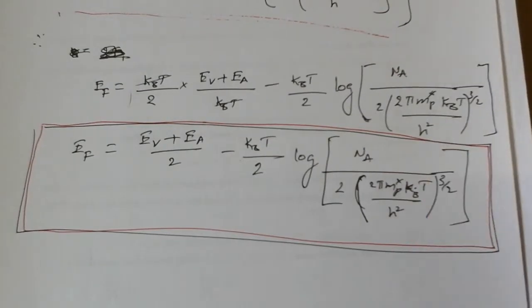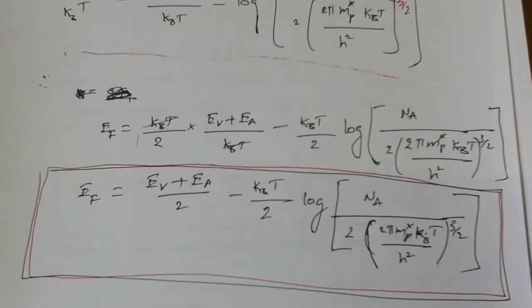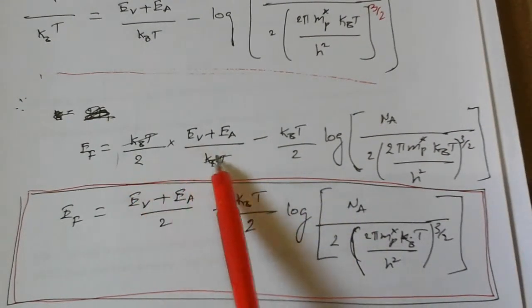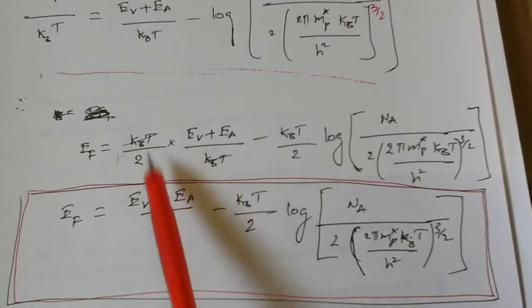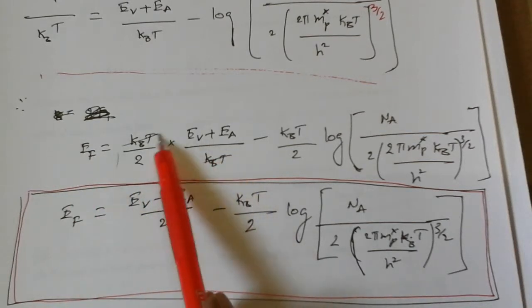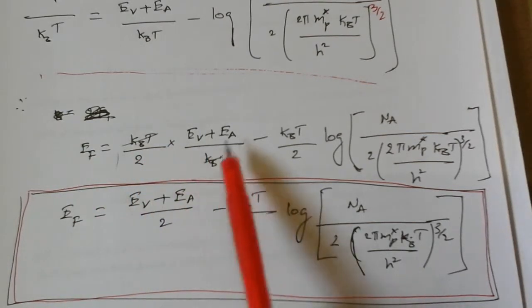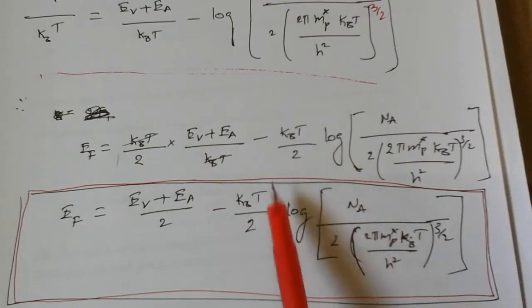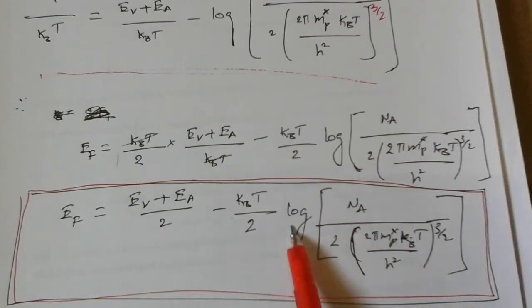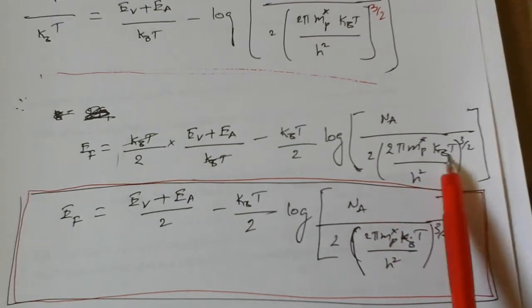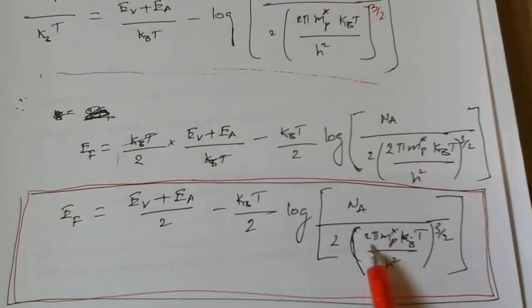Now if you go for the final equation, this kBT gets cancelled. So what happens? EF is equal to EV plus EA by 2 minus kBT by 2 log of NA by 2 pi MP star kBT by h square whole power 3 by 2 as this.